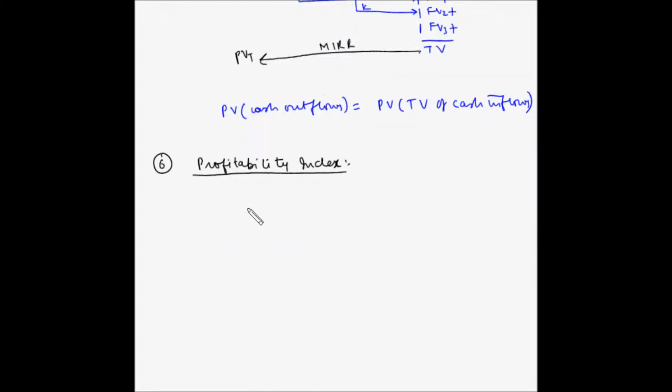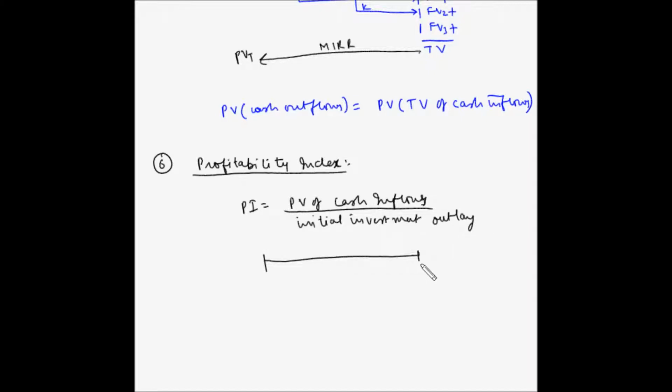So PI is equal to the ratio of present value of cash inflows to the initial investment outlay.